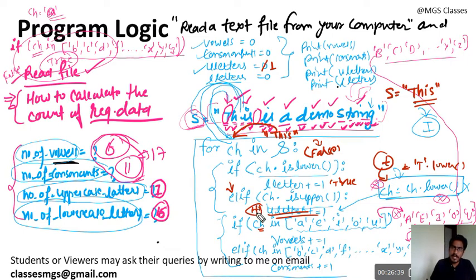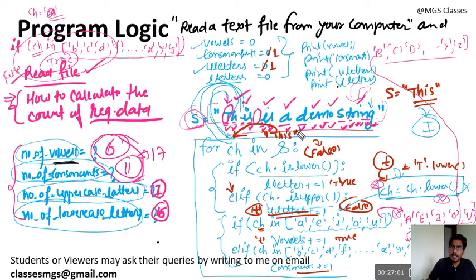Now we check whether small t is in this list a e i o u. No, so this condition will be false. Then we go to the elif part: is small t in this b c d f list? t will be somewhere in this consonants list, so it will become true and consonant will become 0 plus 1, which is 1.